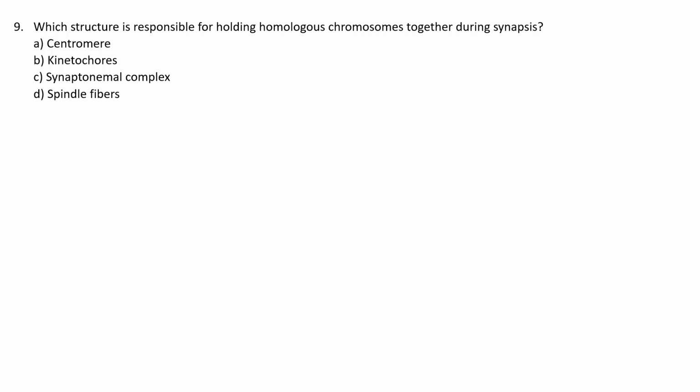So it's very important for this complex to assemble to hold together the homologous chromosomes. This is not the same as the centromere holding together the sister chromatids. I hope that's clear too.